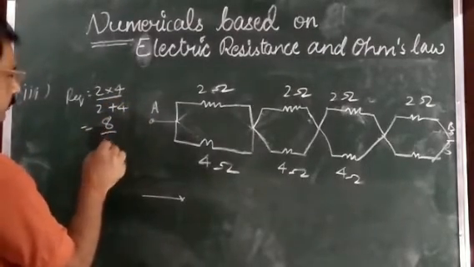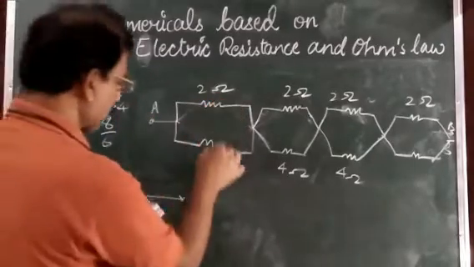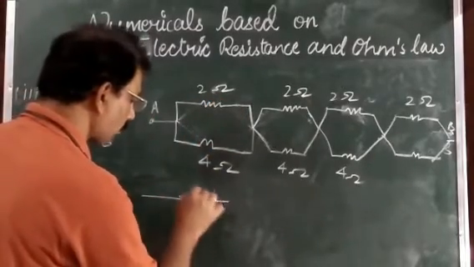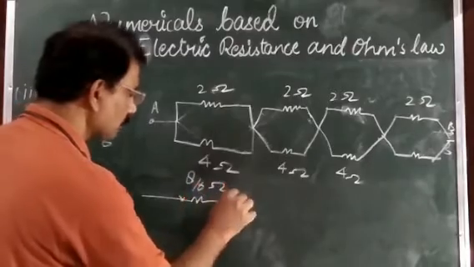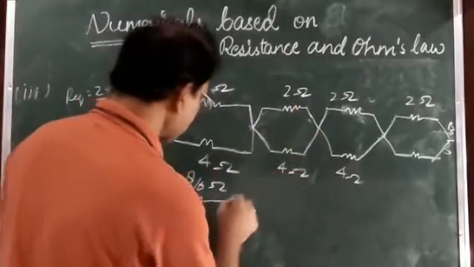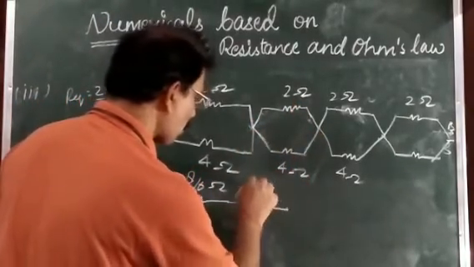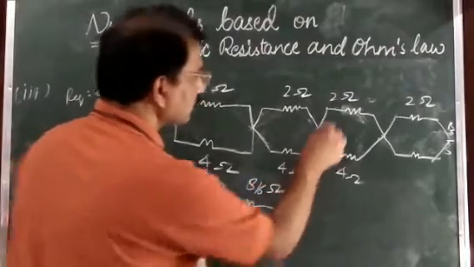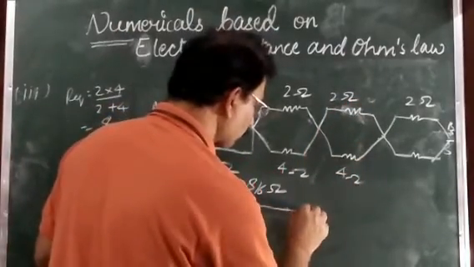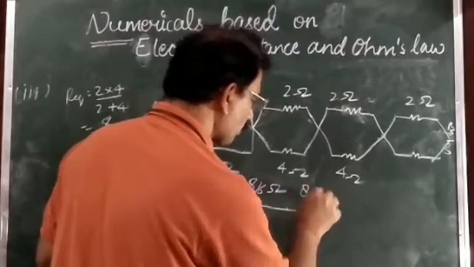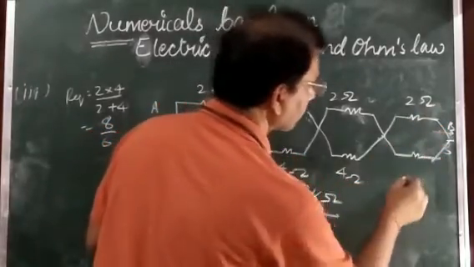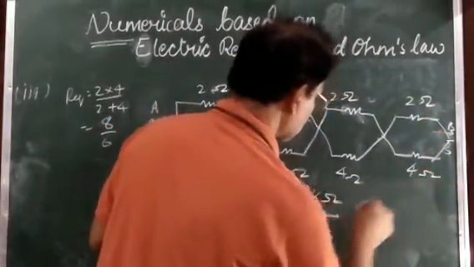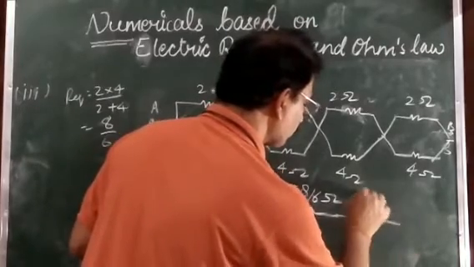So simple resistance of 8 by 6 ohm. Similarly, this one will also be 8 by 6 ohm. This one is also 8 by 6 ohm. And this one is also 8 by 6.